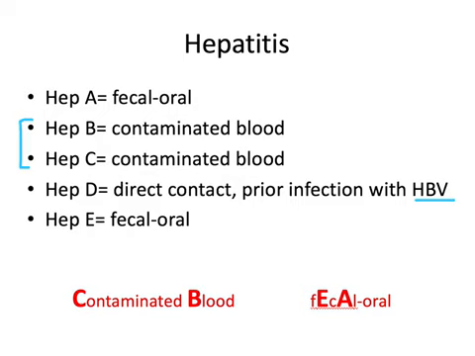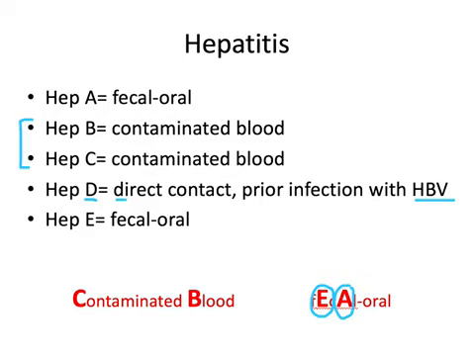So there are 3 memory tricks I have to help you remember these 5 routes of transmission. The first one is pretty easy. Hep D is transmitted via direct contact. So just remember D and D. A and E are both fecal-oral. And lo and behold, the 2 vowels in the word fecal are E and A. So that helps you remember that.